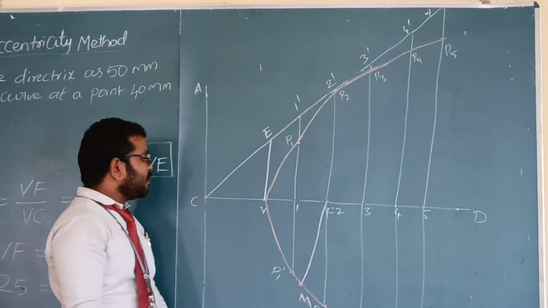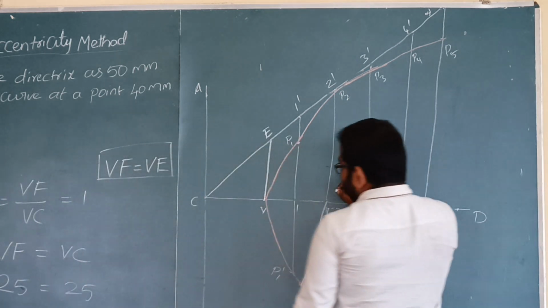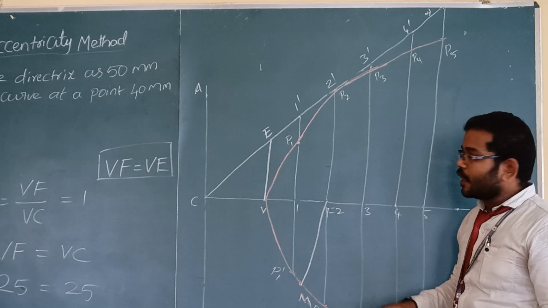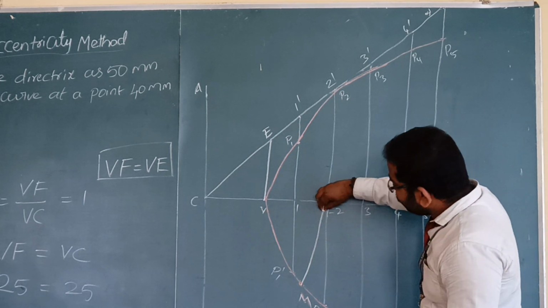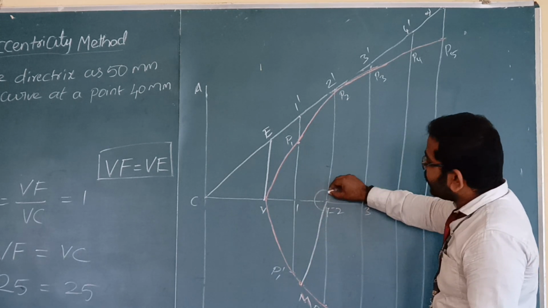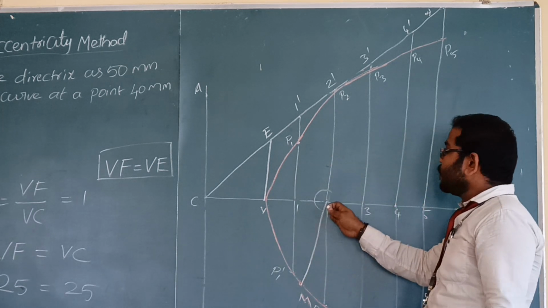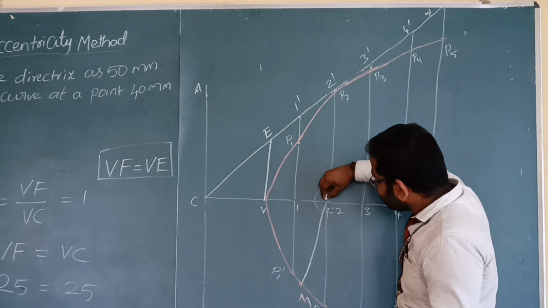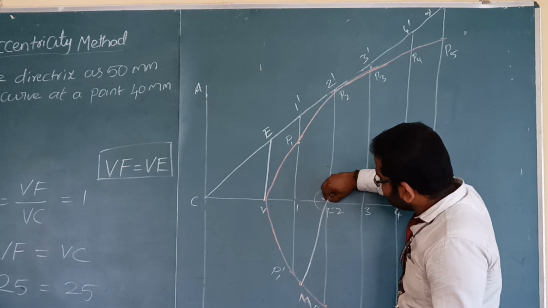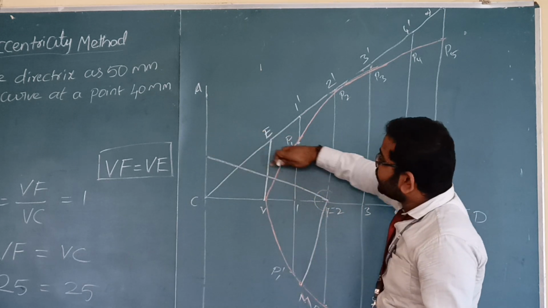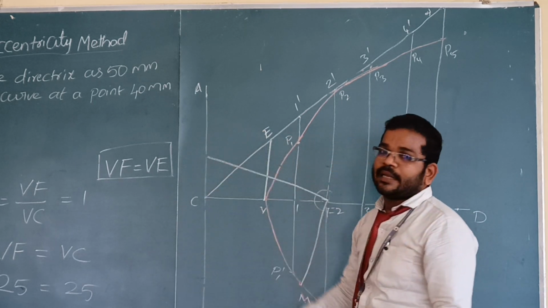Next, draw a perpendicular line to the MF line. You can place a protractor like this and mark a point at 90 degrees, otherwise you can use a drafter. That 90 degree line must intersect the directrix.